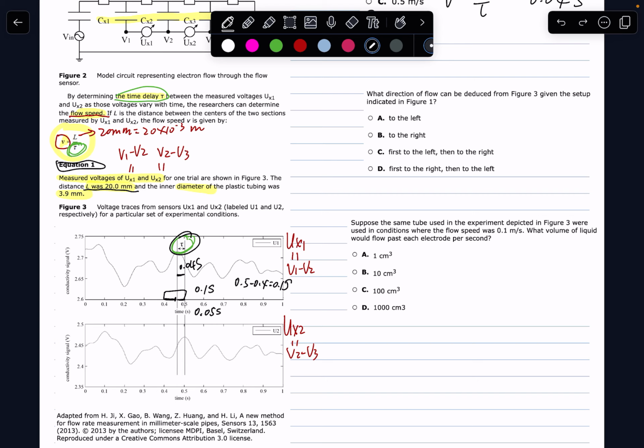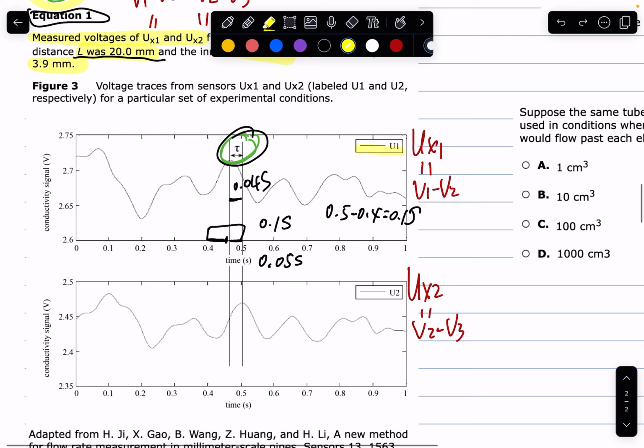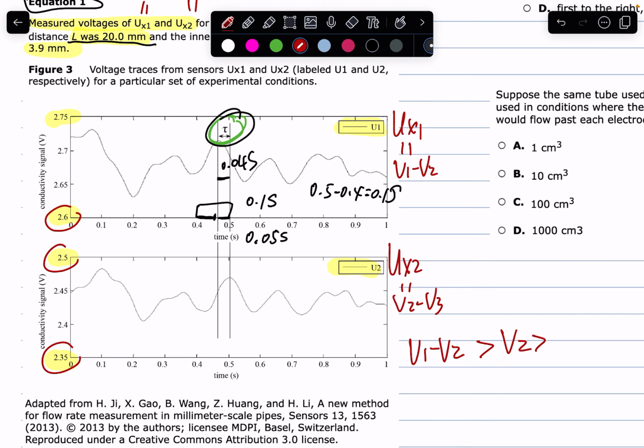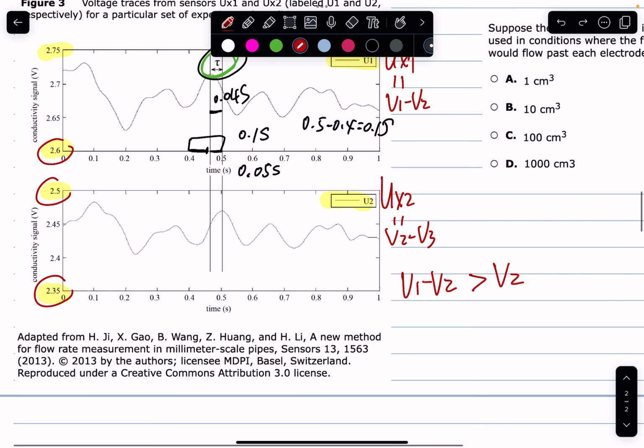From figure 3, we see that UX1 starts from 2.6 and goes all the way to 2.75. But U2 starts from 2.35 and goes up to a maximum of 2.5. So U2 is always lower than U1, which means V1 minus V2 is always larger than V2 minus V3.